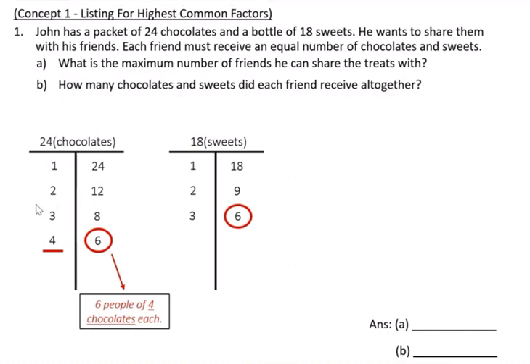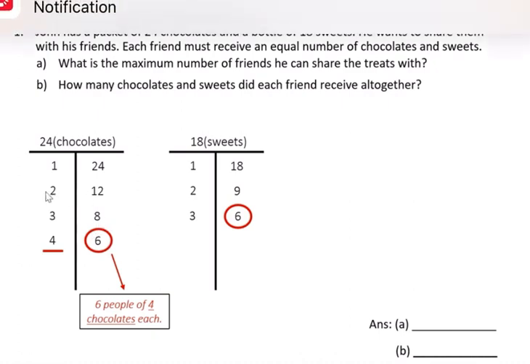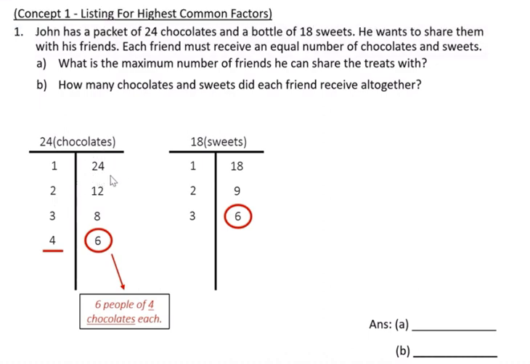If there are 3 people, including John, each one will get 8 chocolates. 4 people, each one gets 6 chocolates. 6 people, each one gets 4 chocolates. 8 people, each one gets 3 chocolates. 12 people, each one gets 2. And definitely, if there are 24 people, each one only gets 1 chocolate.